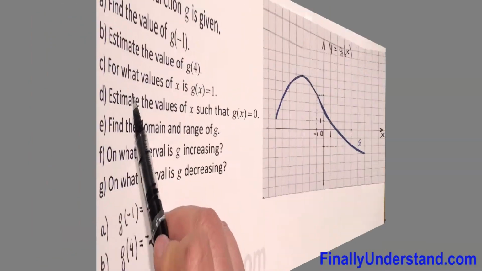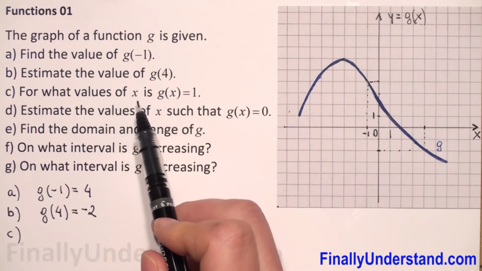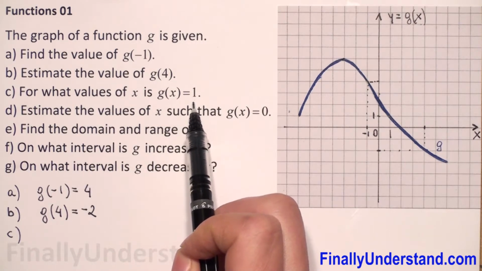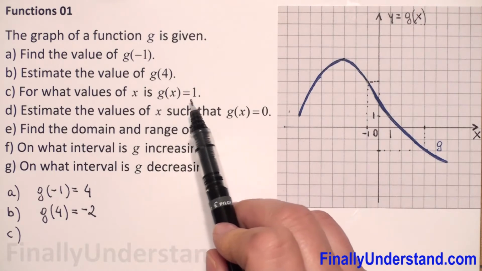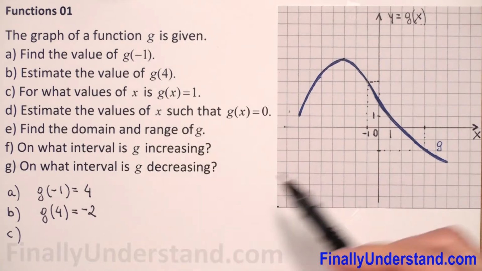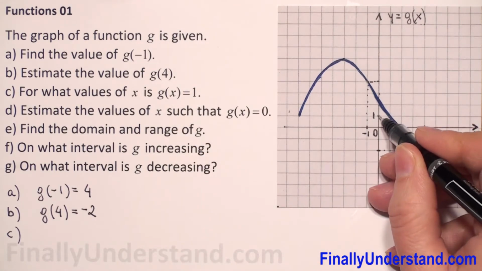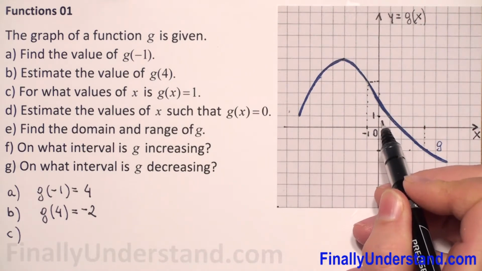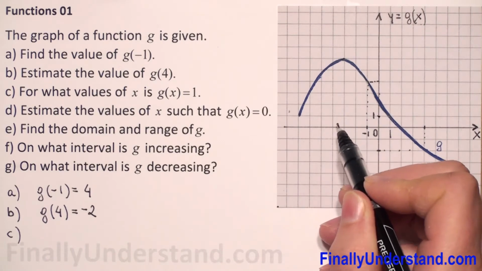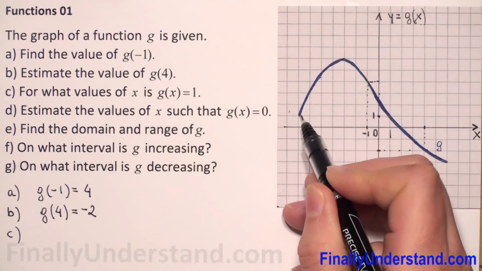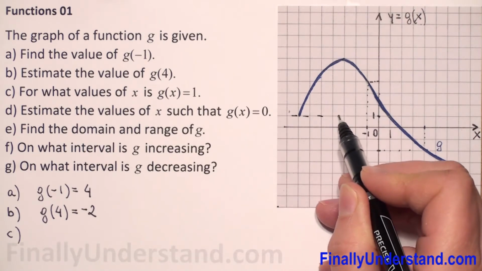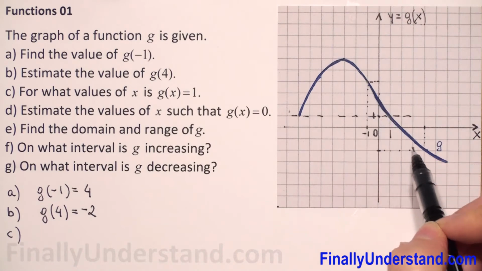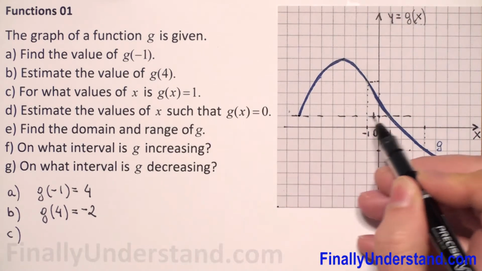Now we have to find for what values of x g of x equals 1. First we have to find g of x equals 1. g of x is equal to 1 at this point. So the easiest way is to just draw a line parallel to the x-axis, and we see we pass our g function in 2 points.